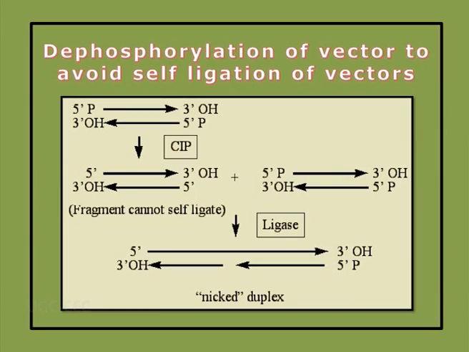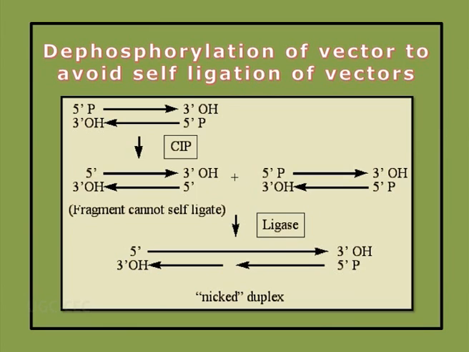One of the important challenges in cloning is the self-ligation of the vector. If I am using one restriction endonuclease to create the vector, then it may undergo self-ligation. To avoid this, we need to treat the DNA with alkaline phosphatase. What they do? They remove the phosphates and convert the 5' phosphate bearing DNA into an OH group. And what is the benefit of it?